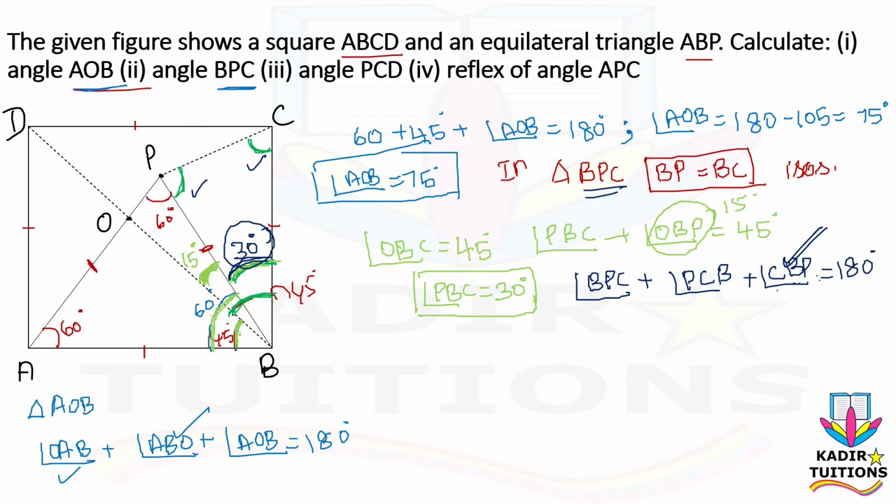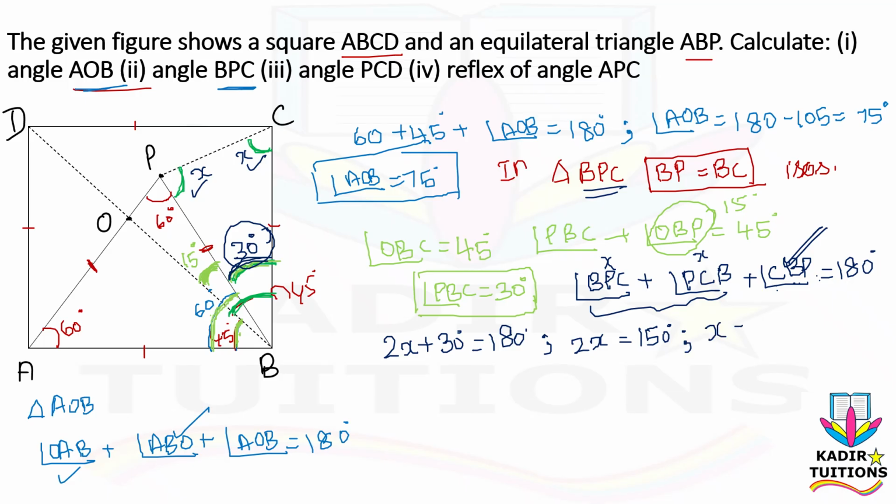Now we are going to consider these two as the same angle. So as of now, I will mention this as x as well as x. So 2x plus, what is our angle CBP? It is 30 degree, which is equal to 180. So from this we can conclude 2x equal to 150, because 30 goes that side and becomes subtraction.